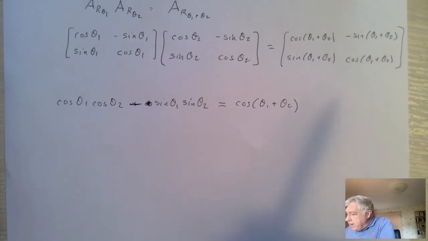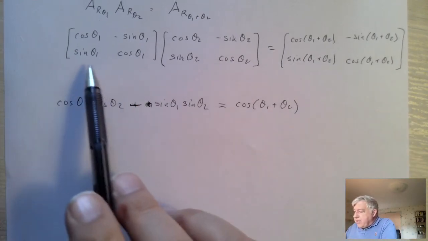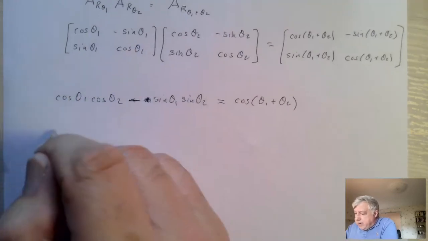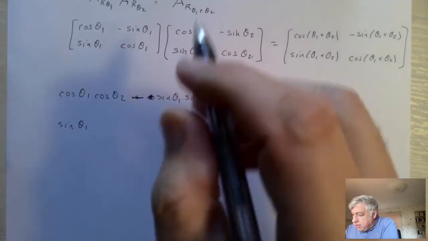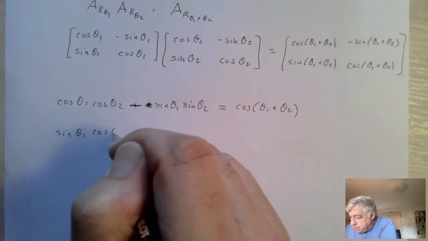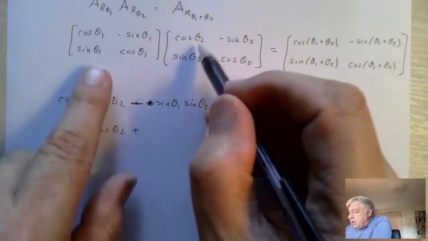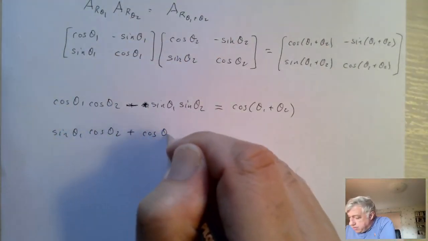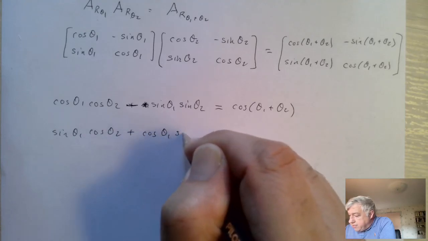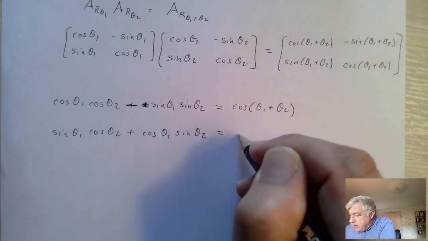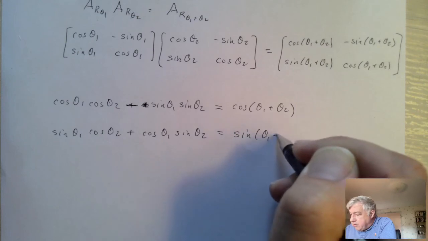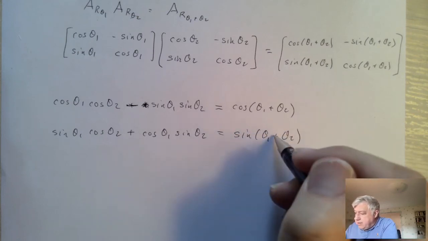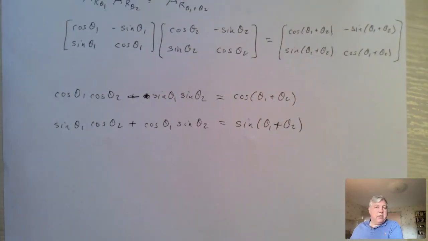And then if we take the first row, second column, we get sine theta 1 cosine theta 2 plus cosine theta 1 sine theta 2, and that's going to be the sine of theta 1 plus theta 2. Okay.